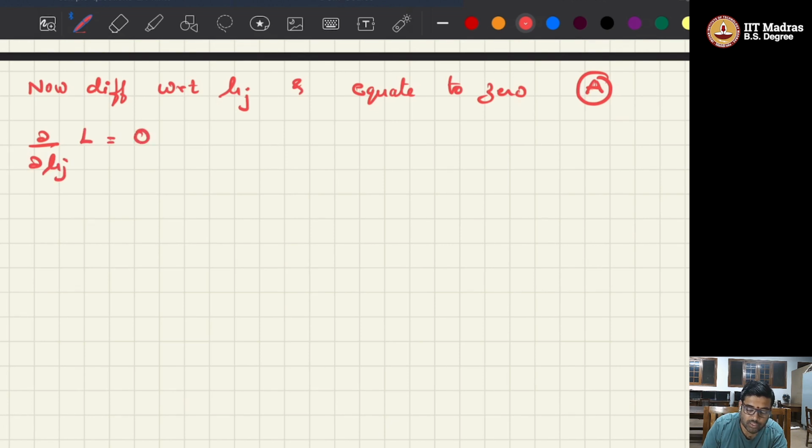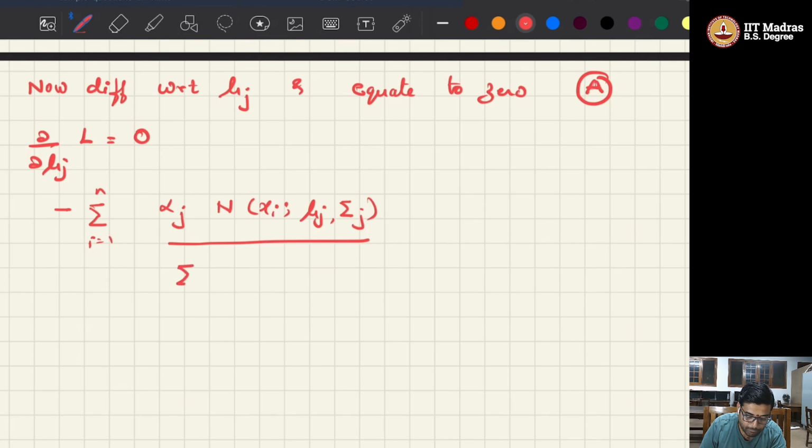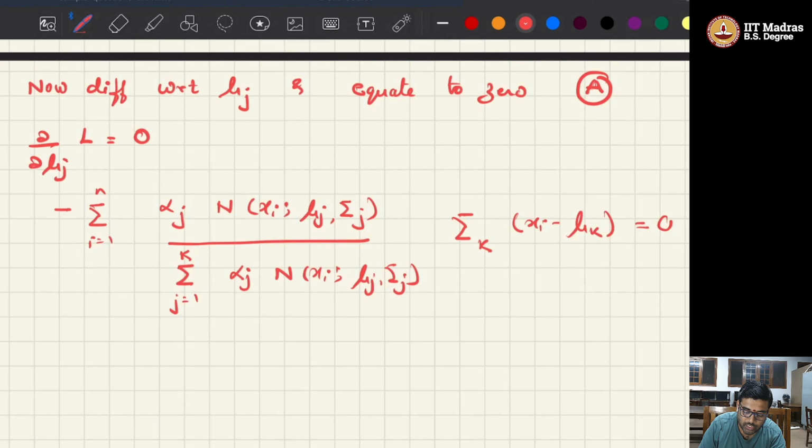Derivative with respect to mu j of L equal to 0, then I get minus of summation i equal to 1 to n, alpha j N of xi, mu j, sigma j, divided by summation j equal to 1 to capital K, alpha j into N of xi, mu j, sigma j, into, now if you differentiate the exponential terms, you get sigma k inverse into xi minus mu k, equal to 0.